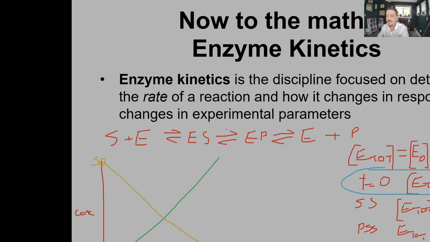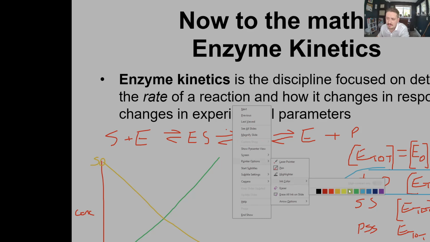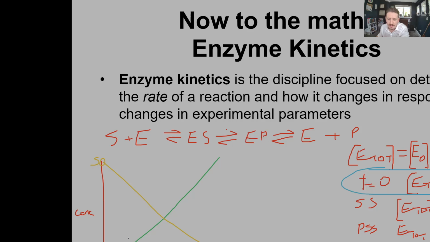But what's going to happen over time is that the concentration of ES is going to increase as E binds to S, until ES is equal to E total, reflecting that it's all in that state and it's all bound. And if E is being used up and becoming ES, then the concentration of E is going to decrease. At this point here, let's use our dark blue, we can draw a line.